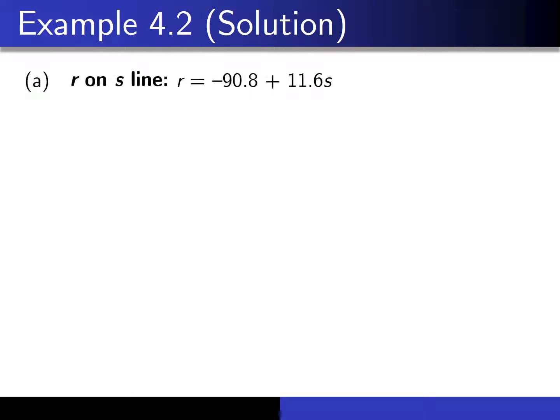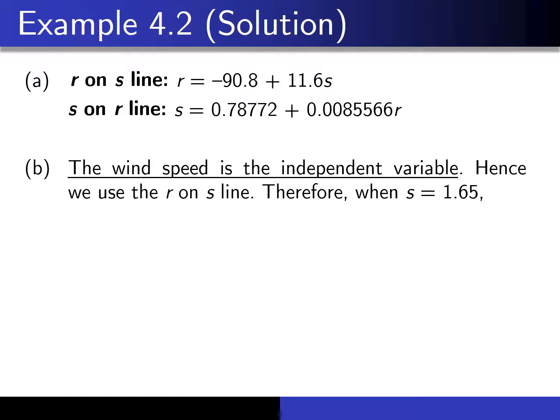For Part A, the R on S line is given by R equals -90.8 plus 11.6 S, and the S on R line is given by S equals 0.78772 plus 0.008556 R. For Part B, since the wind speed is fixed precisely, it is the independent variable. Hence we should use the R on S line.